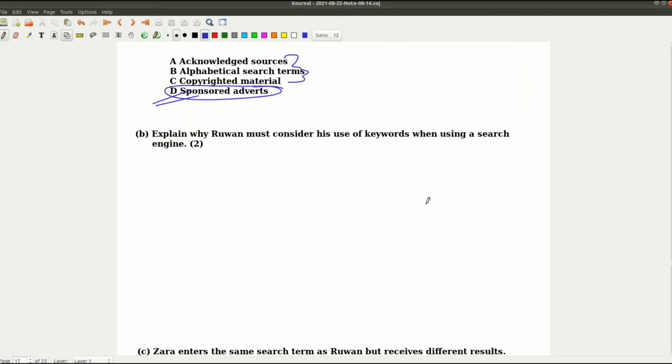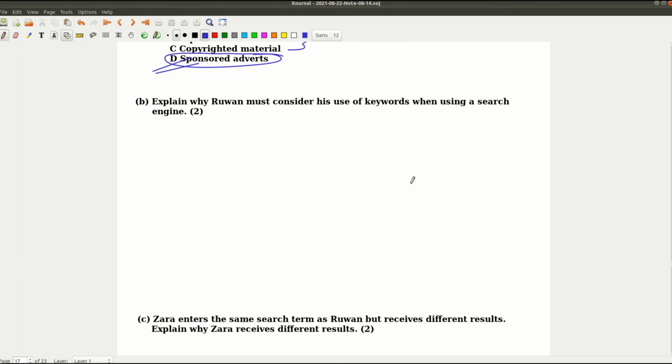Okay, so explain why Ruan must consider his use of keywords when using a search engine. Okay, why one needs to be careful about the keyword when searching for something. Like if you want to search for computer, you need to write COM, right? This way you have to use the keyword. But if you write RI, then obviously computer will not come.